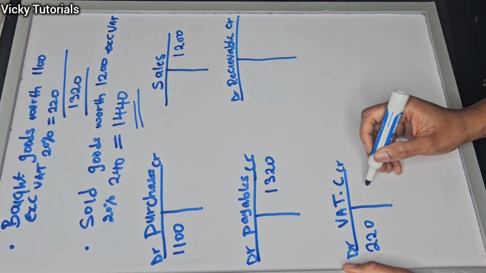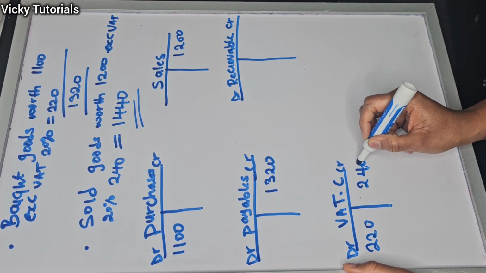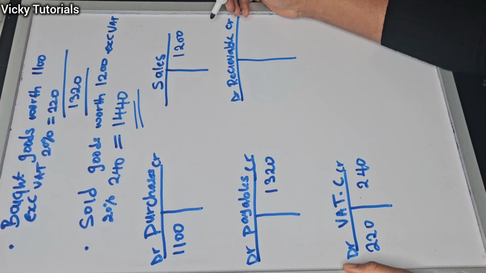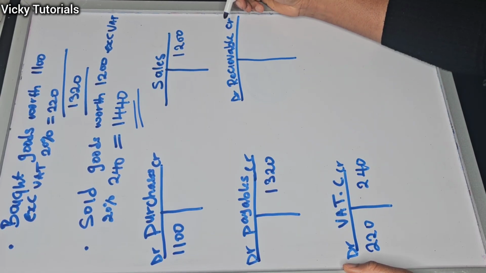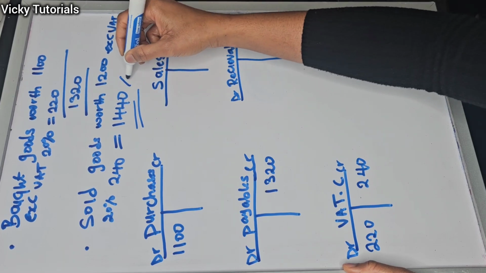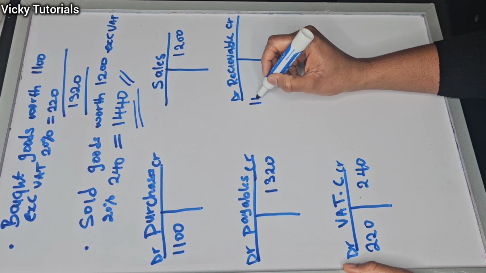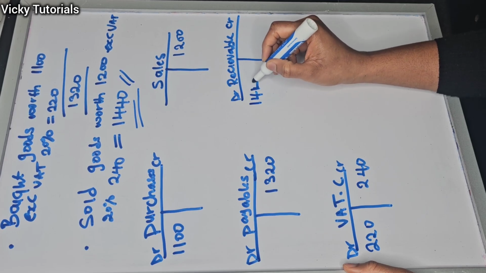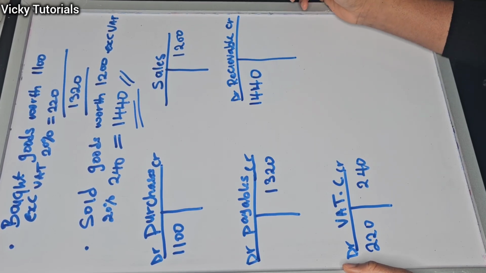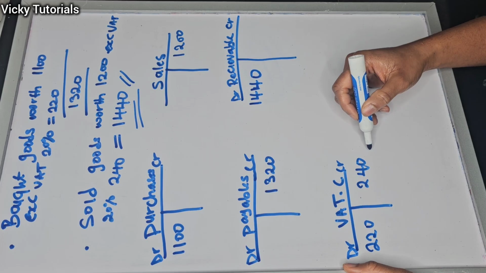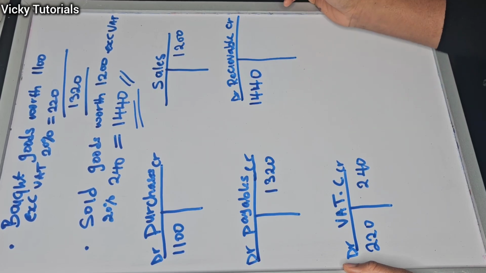It's going to be on the credit side, 240. And this amount has to be paid by our customer, and they are yet to pay. So they're going to be paying us the sum of the total. We're going to say debit 1,440. You see, credit together, they are worth this.